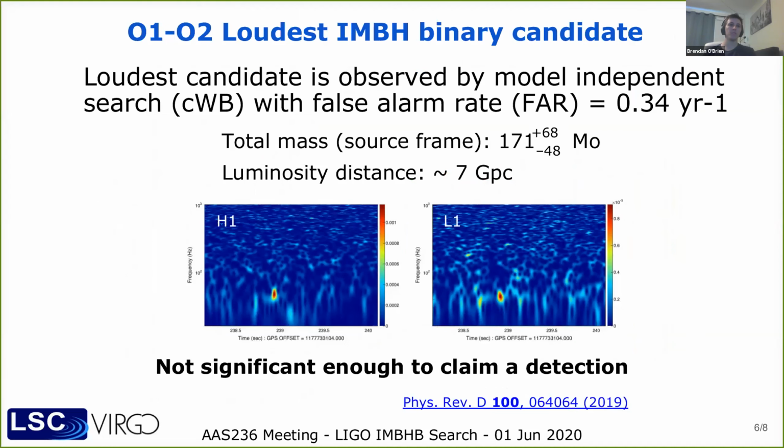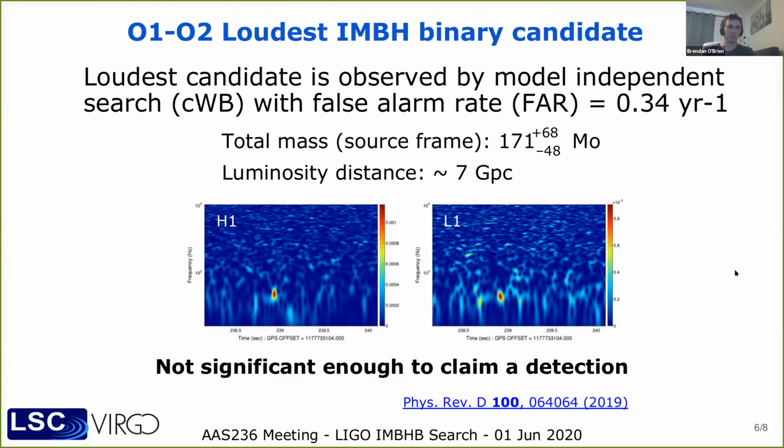Now, during the previous two observing runs of Advanced LIGO and Virgo, the loudest IMBH trigger was detected with a false alarm rate of about 1 per 3 years, and that was found with the unmodeled search. In the time frequency plots below, with frequency here and time here, you can see the signal, basically the red blob.